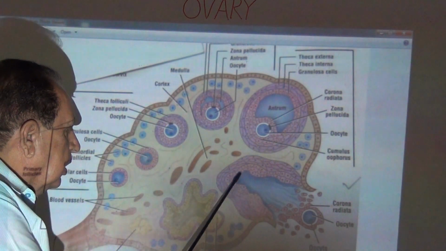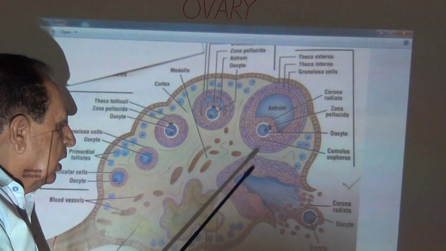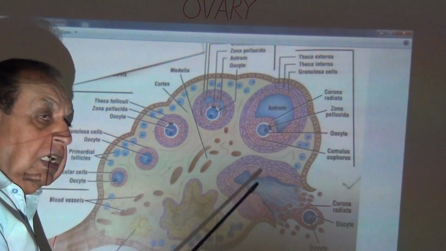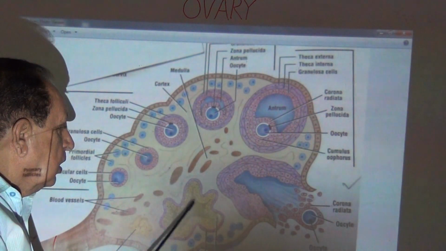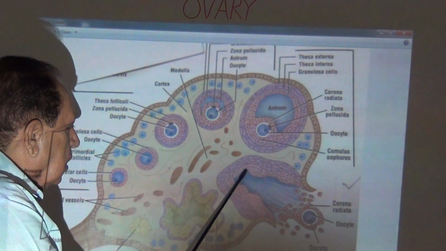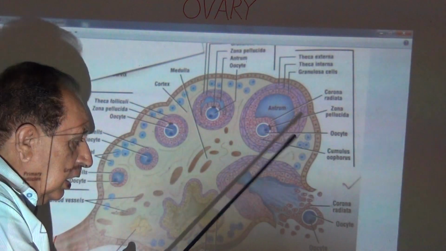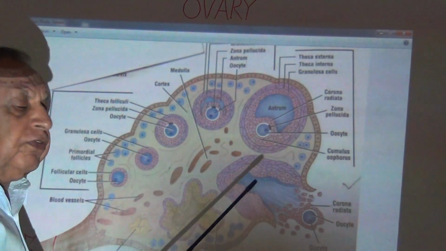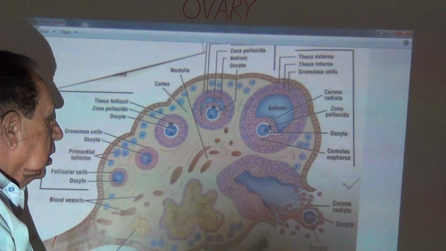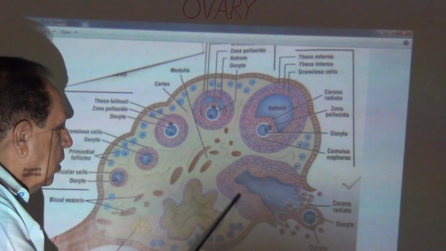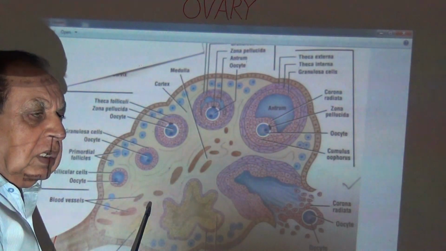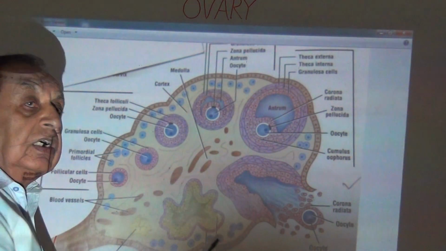This corpus luteum, its remaining layers, the granulosa and theca interna, increase in size, they hypertrophy. Now this structure is a glandular structure. It acts like a gland.